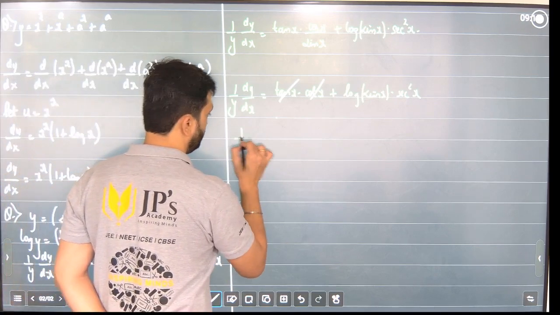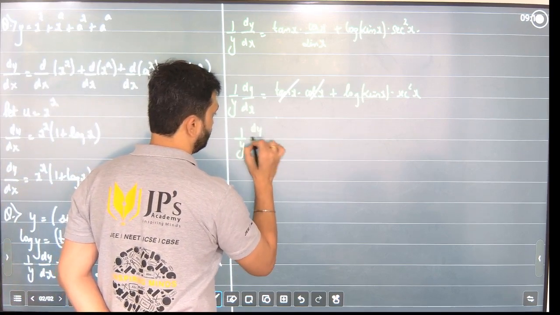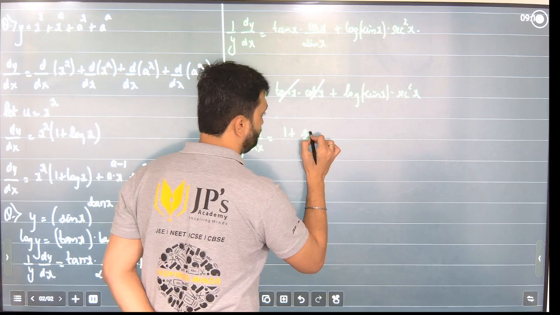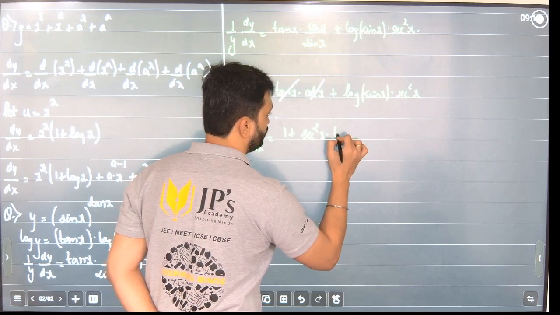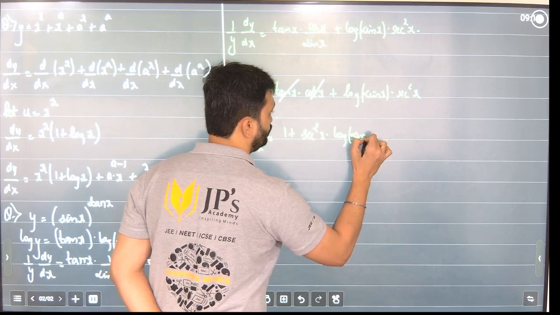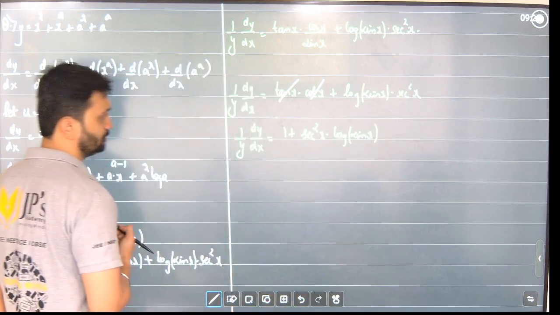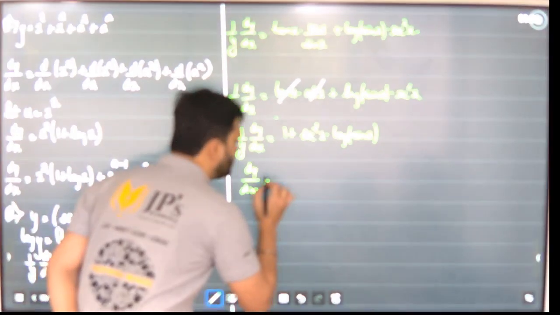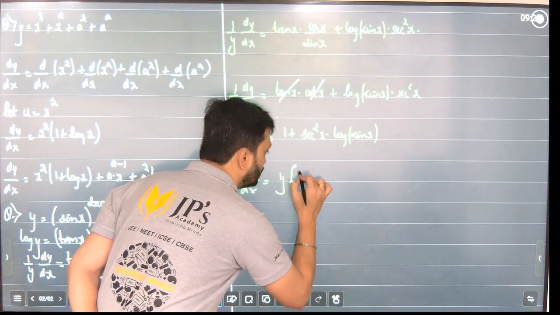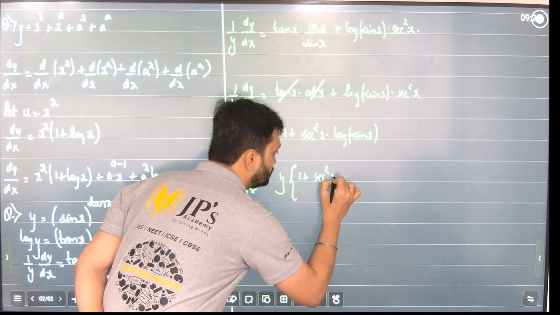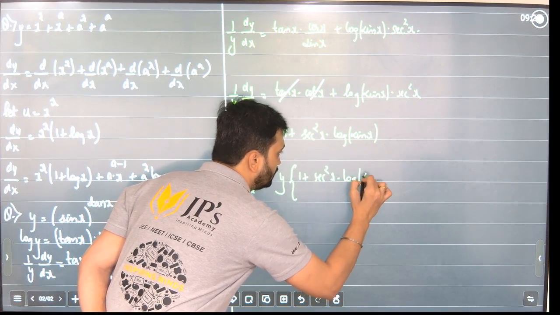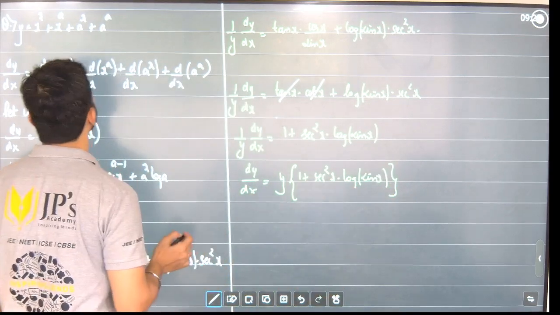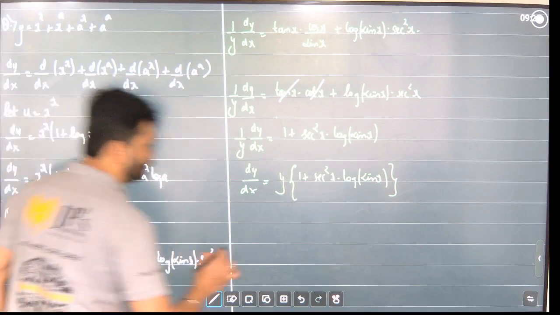So therefore I will get 1 upon y dy by dx is equal to 1 plus sec square x into log sin x, and the final answer would be dy by dx is equal to y into 1 plus sec square x into log sin x, and y's value is nothing but sin x raised to tan x.